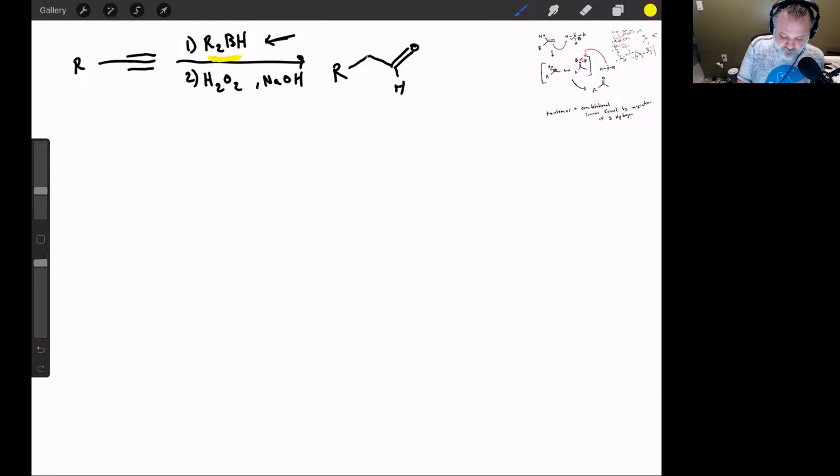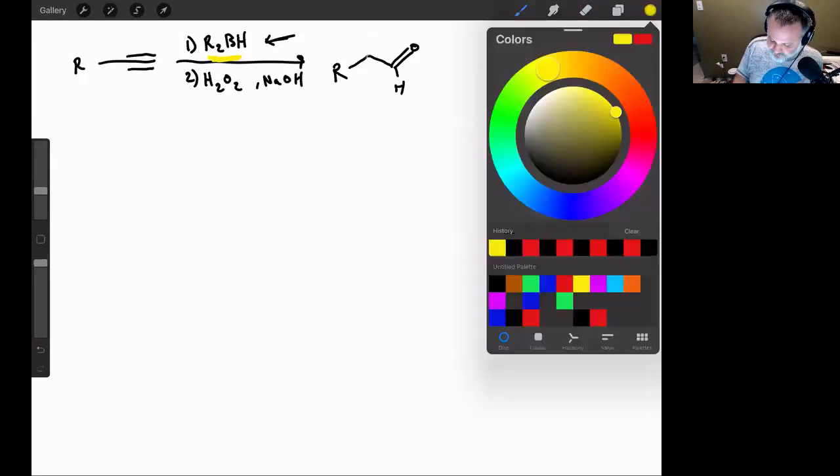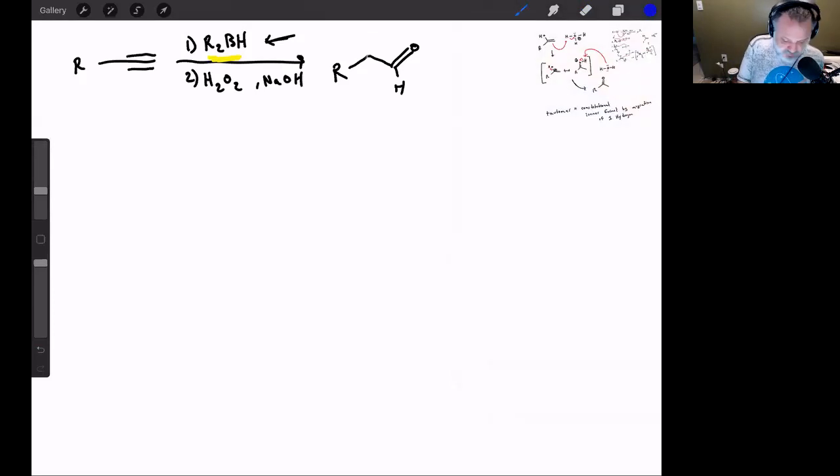The R2 can be two different things. It can be 9-BBN, which is a bicyclic borane compound. So at the end of the day, you can look up the structure. I don't want to draw it out right now, but you should think that this is also a borane.